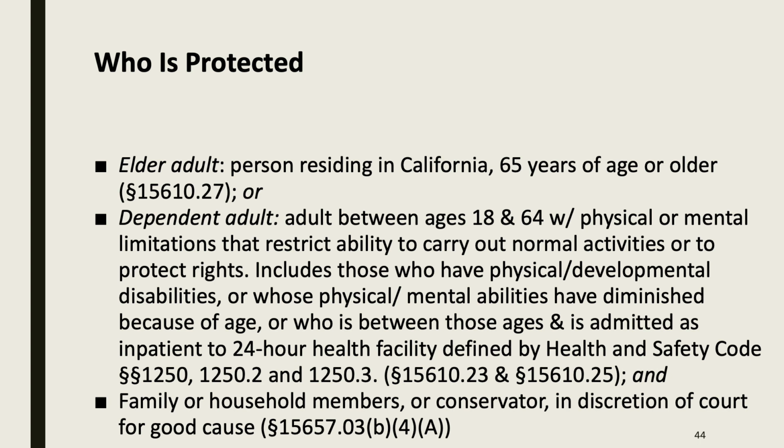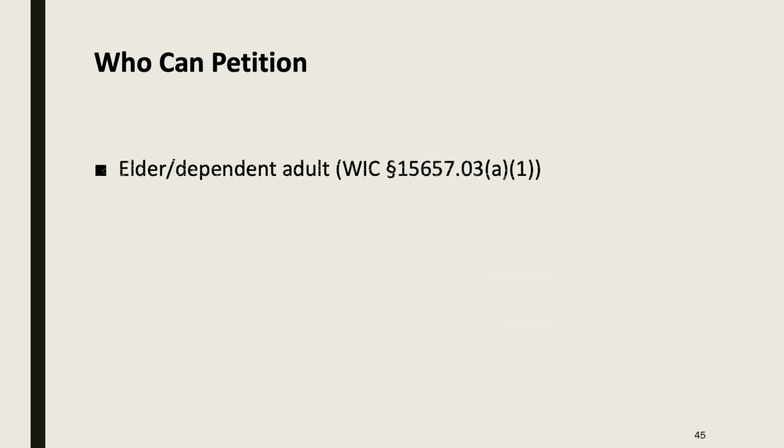Who's protected? The elder person, who is again a person residing in California 65 years of age or older. A dependent adult, which is that person between the ages of 18 and 64 with those physical disabilities, and the family or household members or conservator in discretion of the court for good cause. Who can petition this? Well, the elder or dependent adult can do it themselves.